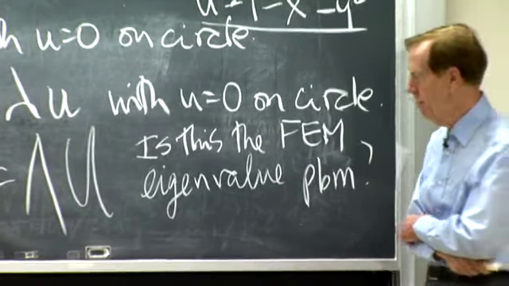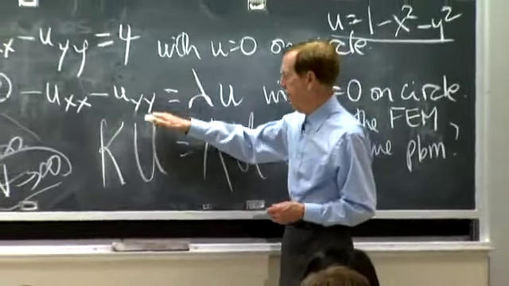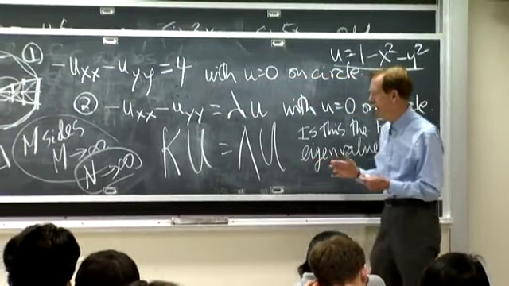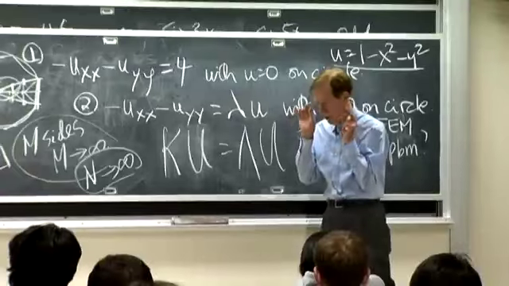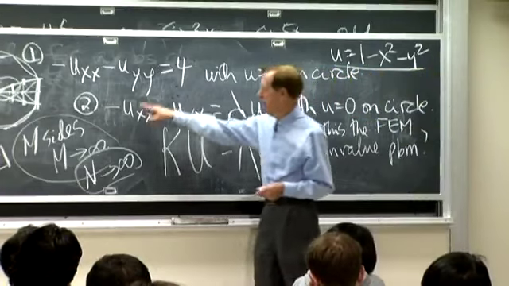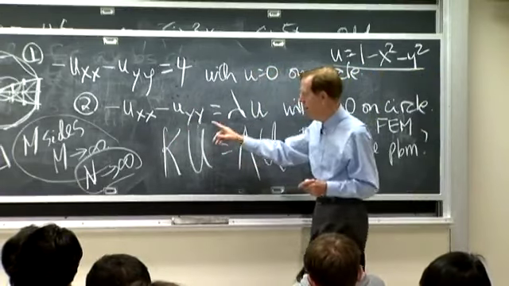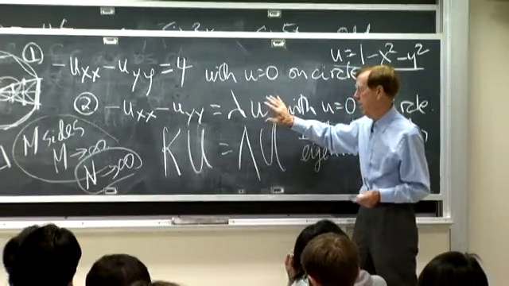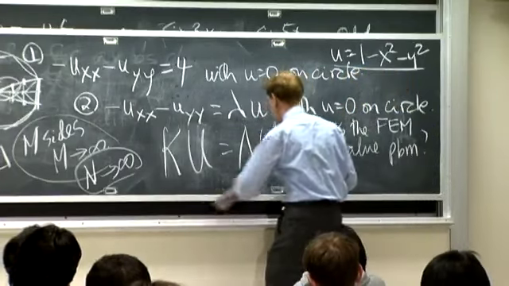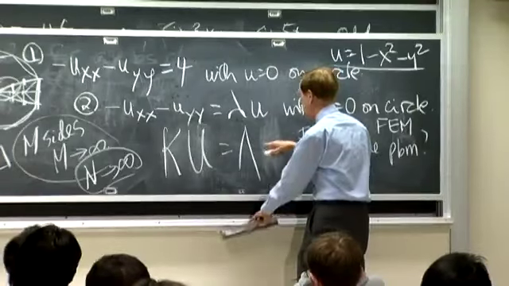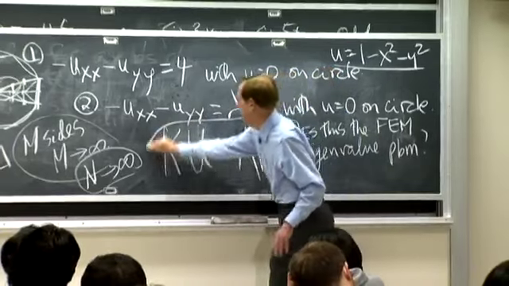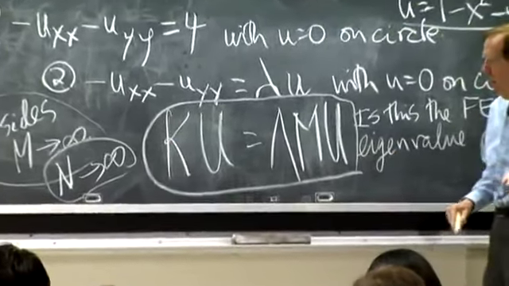When I take the differential equation, Laplace's equation with lambda u on the right side, and I go to do finite elements, it produces K out of the weak form, but it produces another matrix on the right-hand side from the constant term, and we have not really mentioned it. It's the mass matrix. So instead of just the identity here, there's a mass matrix. So that is the problem that you could do.